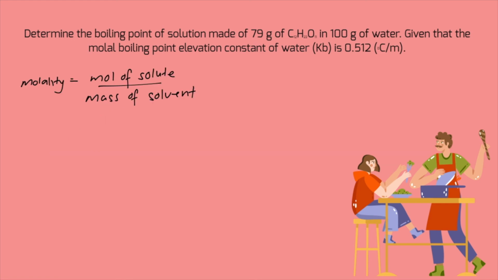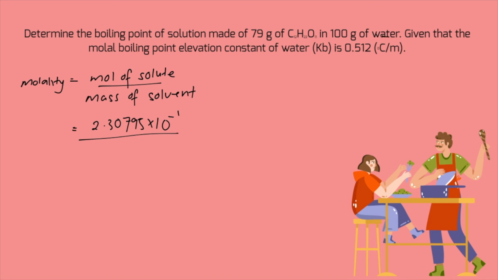Now we are going to calculate the molality. Molality is the moles of solute, and the moles of solute that we calculated just now is 2.30795 times 10 to the power of negative 1, divided by the mass of solvent.